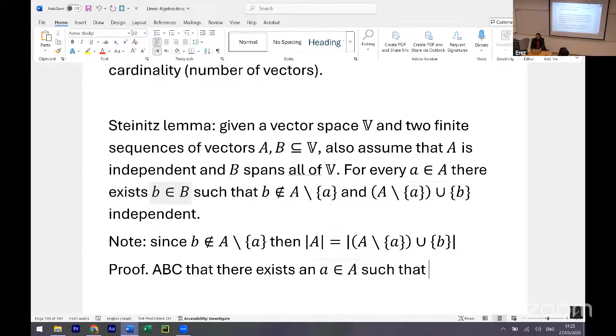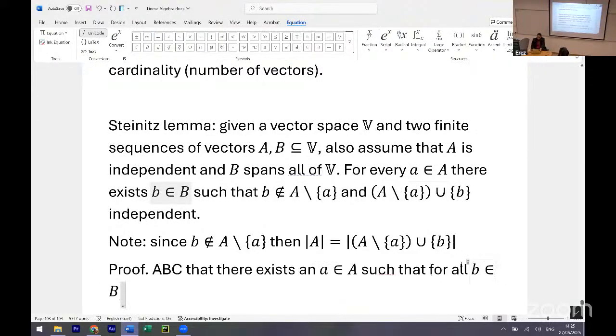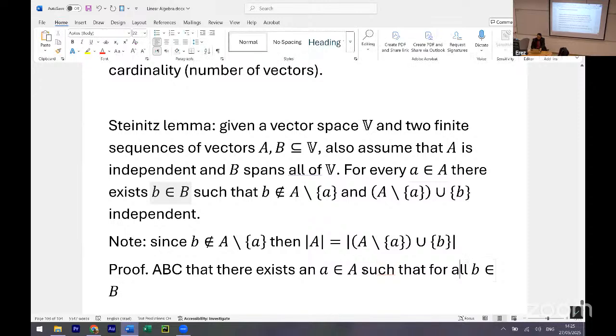For every A there exists a B. So the negation is: there exists an A such that for all B, A minus A union B is not independent. But there is an "and" here, right?